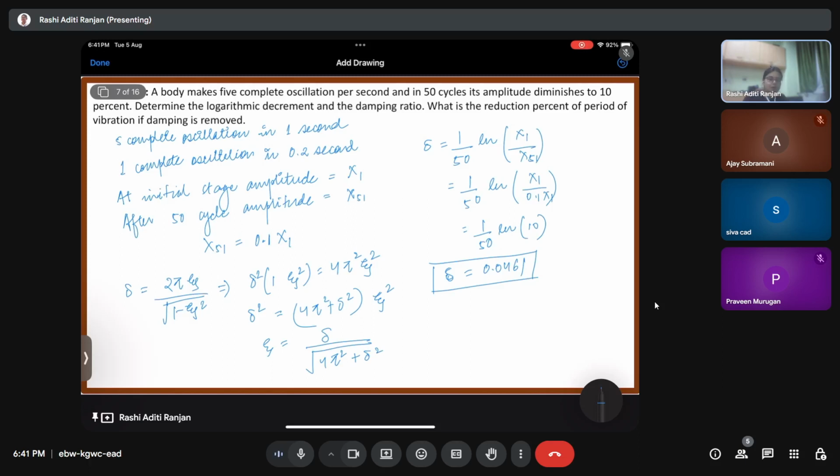So there are two options. You can check also: first, where you consider this, and the second where you consider it as 1. You're going to get almost the same value. For now, we'll just consider it.